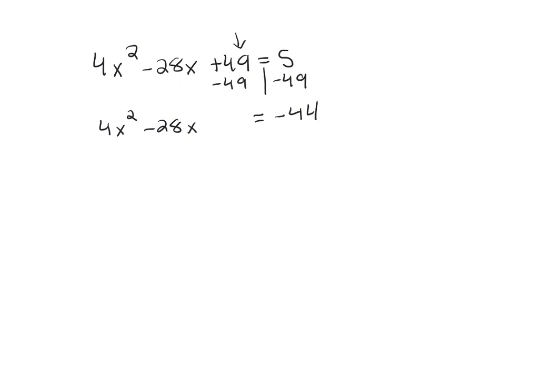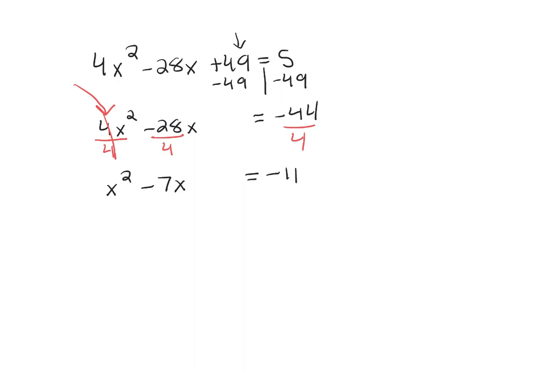I didn't mention this before, but this method's only going to work if the leading coefficient is 1. So I need to divide all terms by that leading coefficient. So x squared minus 7x equals negative 11.